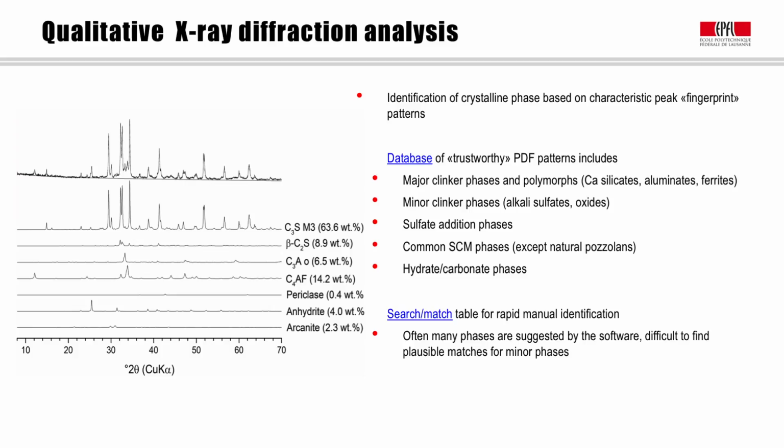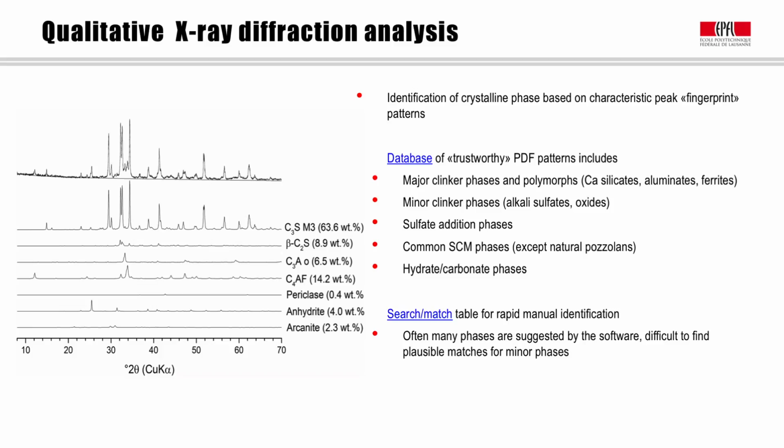In the graph on the left side, you can see the main problem of identification, which is peak overlap. If you look, for instance, at the overlap between the C3S and the beta C2S patterns, then you can see that the major peaks are actually completely overlapping, which makes it very difficult for any automatic phase identification software to find, for instance, beta C2S in this system.